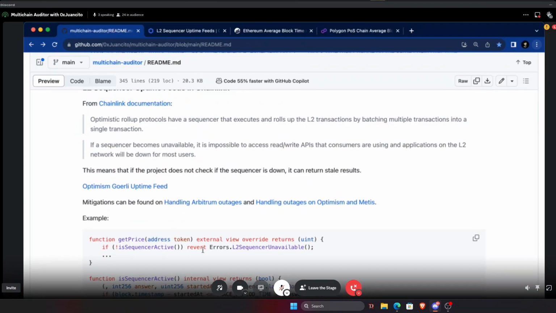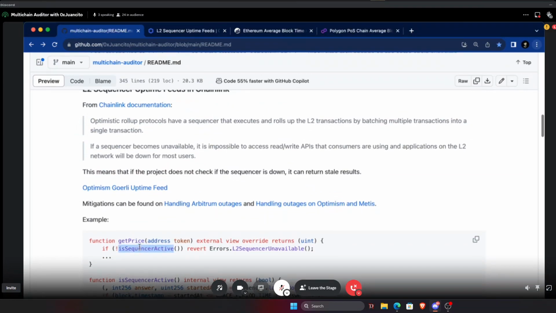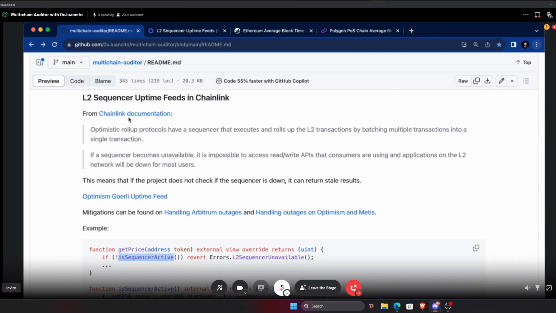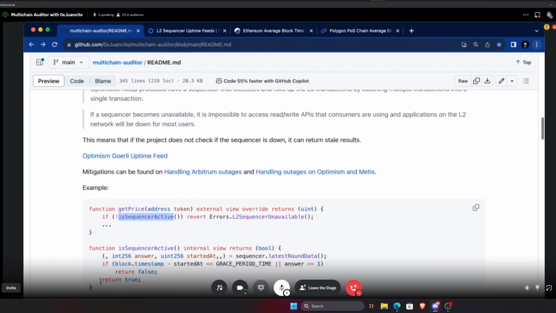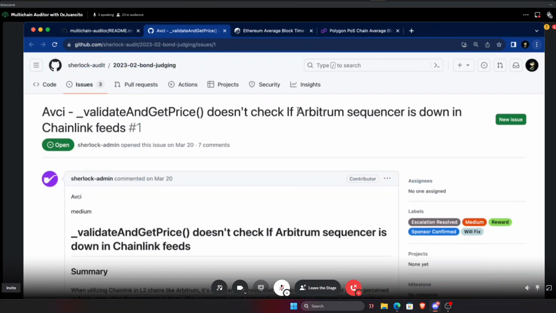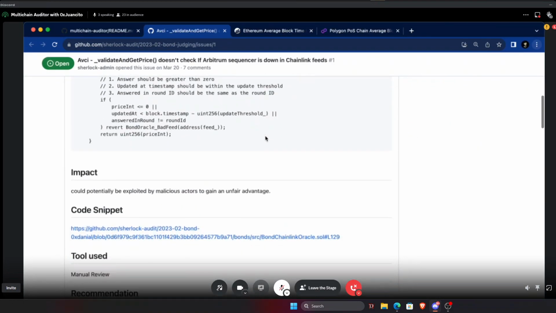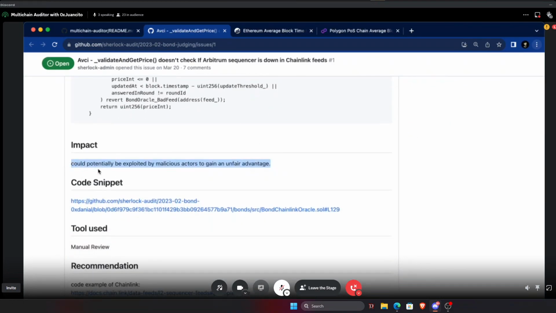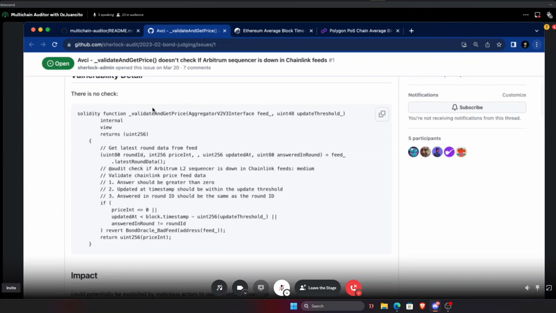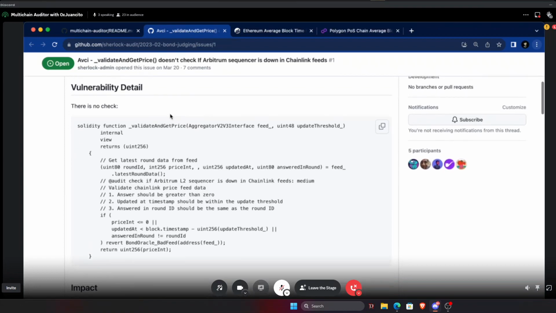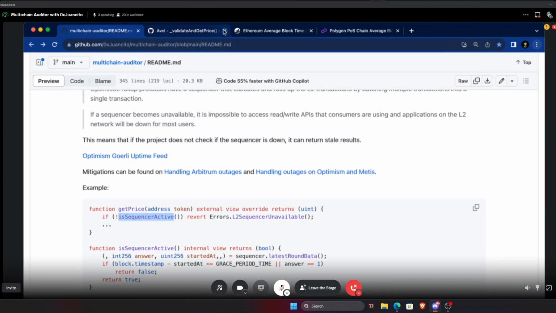You might want to check if the sequencer of the specific chain that's using Chainlink is active. If it isn't, it might lead to different results. So, for example, we have here that the Arbitrum sequencer is down, and it can impact a malicious actor to gain an unfair advantage on some staking or some liquidations.